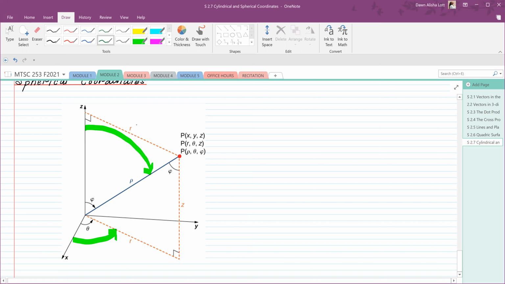So this is the angle phi. Here's theta. And then instead of going on the ground and then up, I can just go straight to the point from the origin and call that rho. So P can be rho, which is the distance from the origin straight to the point.